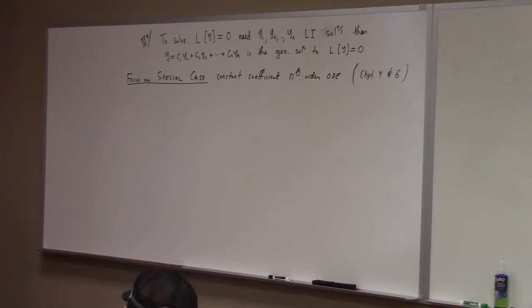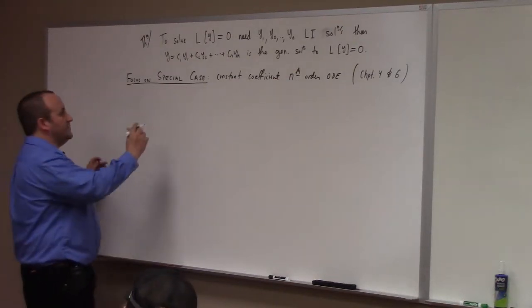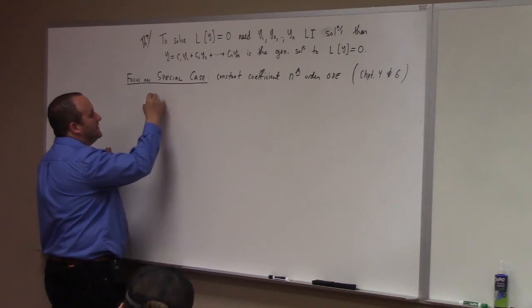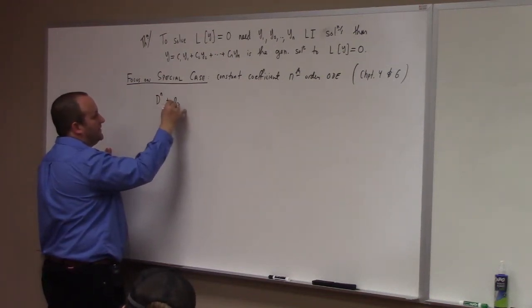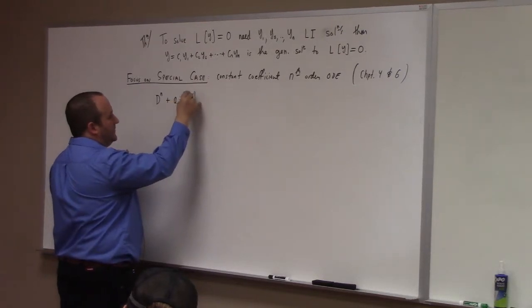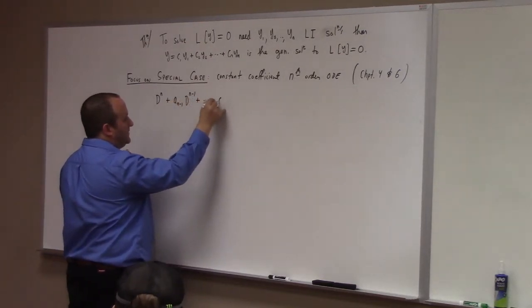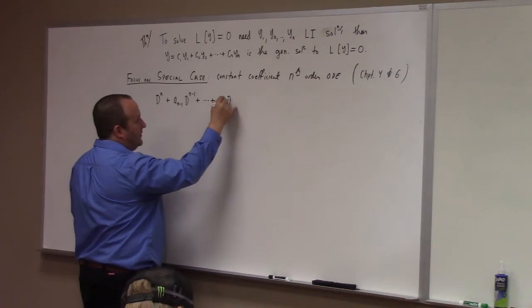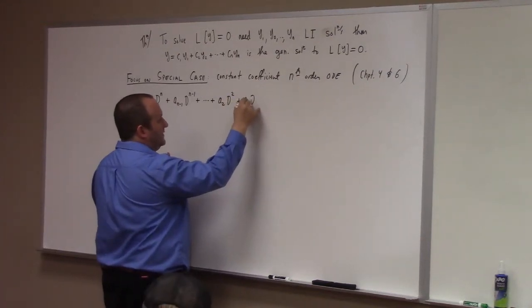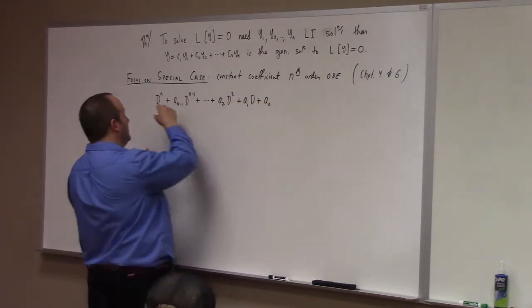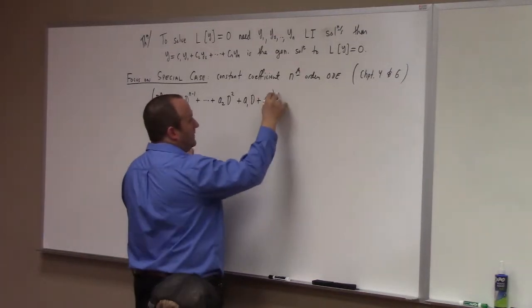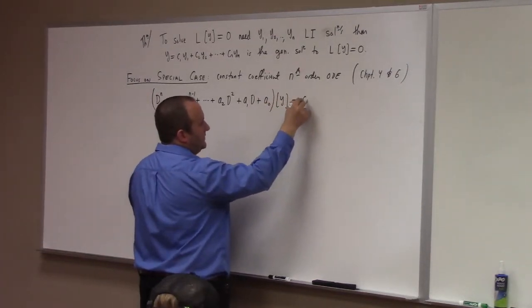Now, just to restate the problem, it's this. It's D to the n plus a sub n minus 1 D to the n minus 1 plus ... plus a2 D squared plus a1 D plus a naught, all acting on y equals 0.